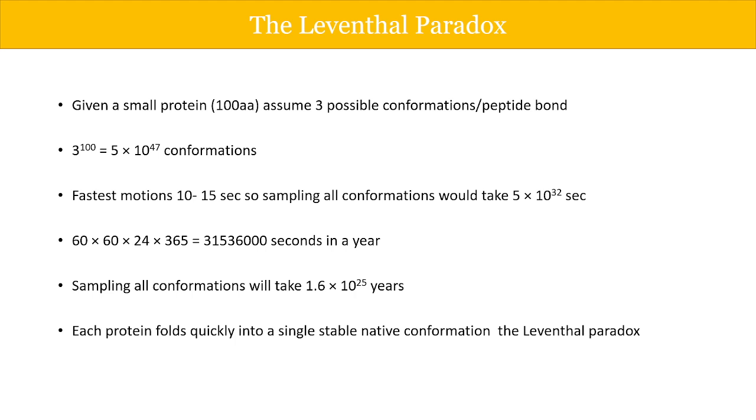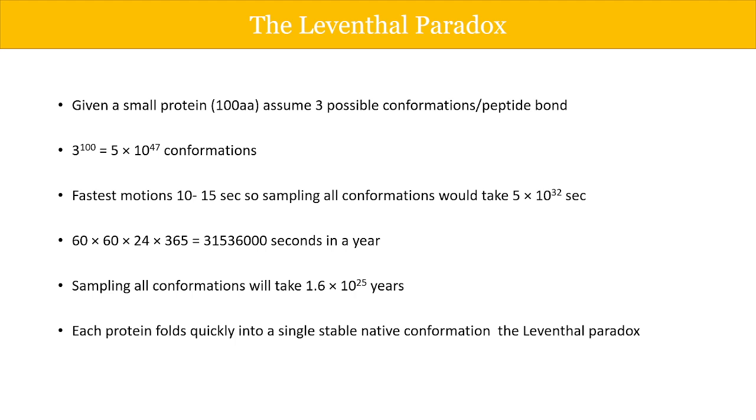So for a protein as big as 100 amino acids with three different conformations, it is supposed to take 10 to the power 25 years, and that's a huge time. Probably in our lifetime we would never be able to see the folding of a protein, but that does not occur. Each protein folds quickly into a single stable conformation.